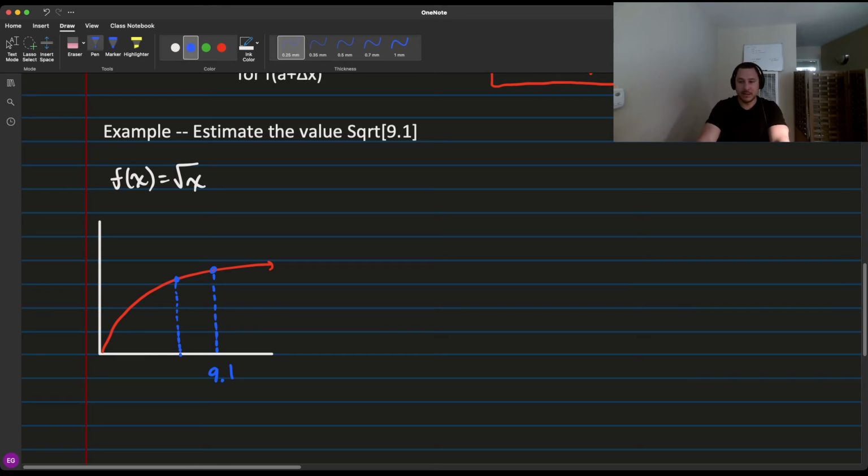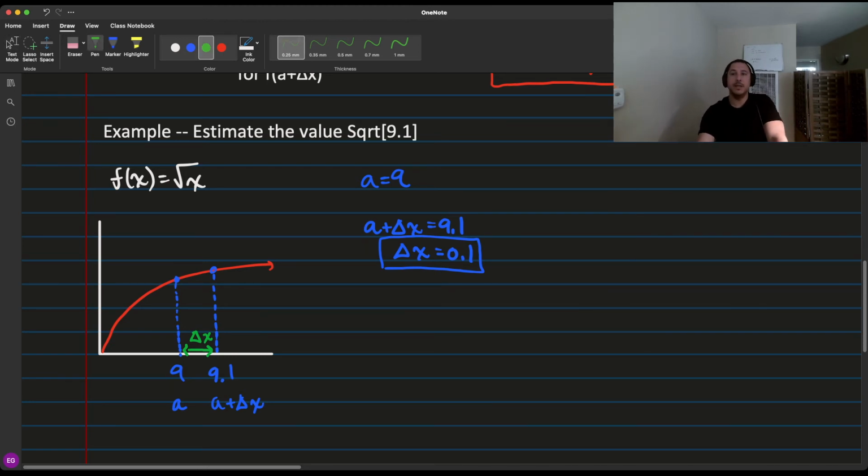Square root of 9, exactly. So that's going to be your a. Your a is 9, which means that a plus delta x is 9.1. That means that your delta x is 0.1, and that should make sense because your 9 and your 9.1 are 0.1 apart.